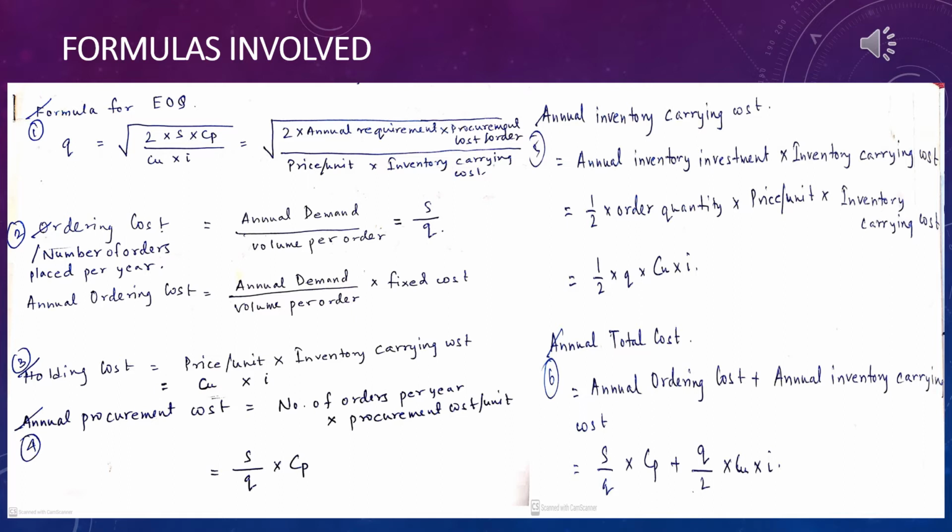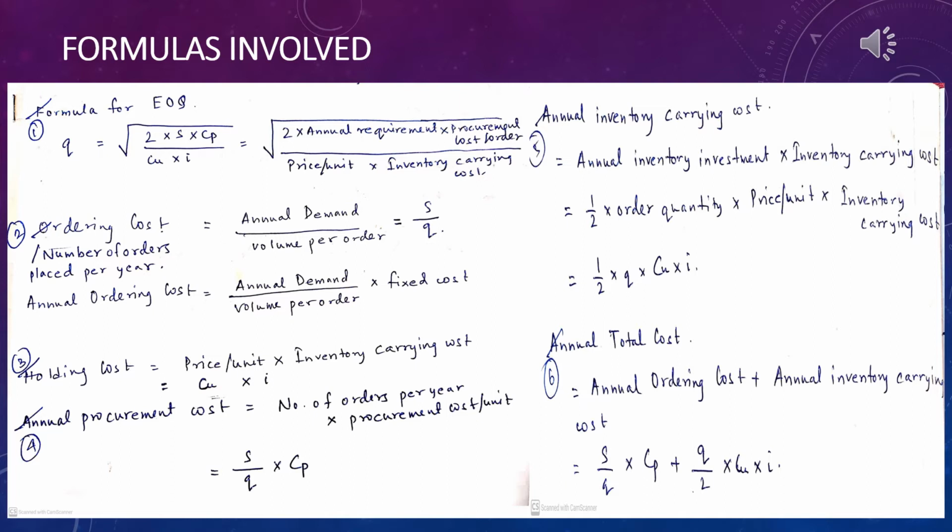While talking about the annual total cost, we can just add the procurement cost or the ordering cost plus the inventory carrying cost, which we have found to be S by Q into CP, our procurement cost or ordering cost, and Q by 2 into CU into I, the inventory carrying cost.